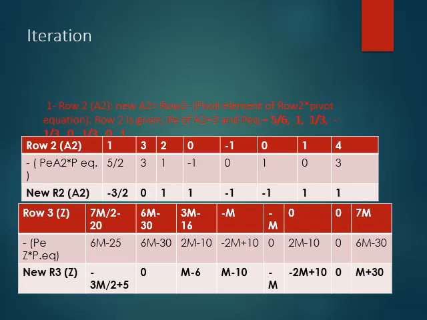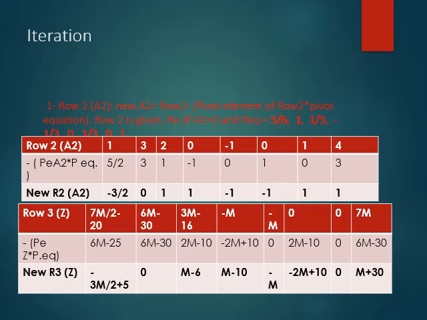The second row is the pivot element of A2 multiplied by the pivot equation. The pivot equation is given, and the pivot element of A2 is the intersection point between the entering variable and A2.